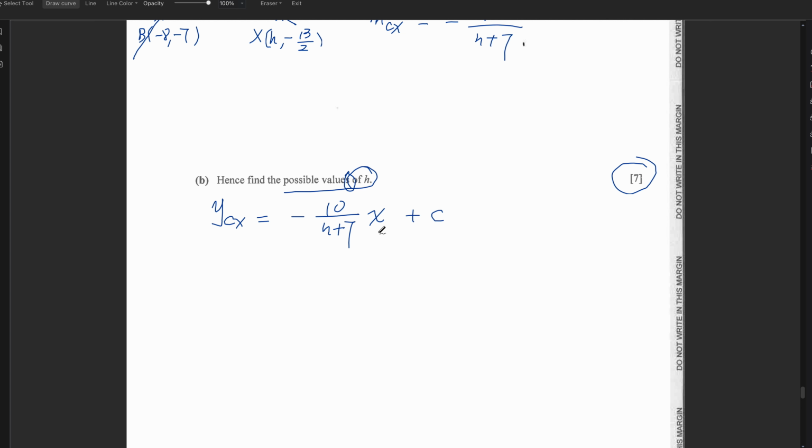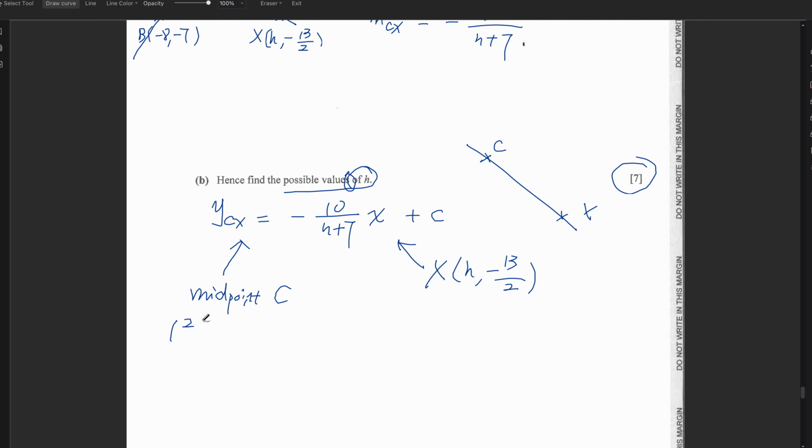We know that this line passes through two points, the midpoint C and X. X is (h, -13 over 2), and midpoint C is what we need to find.